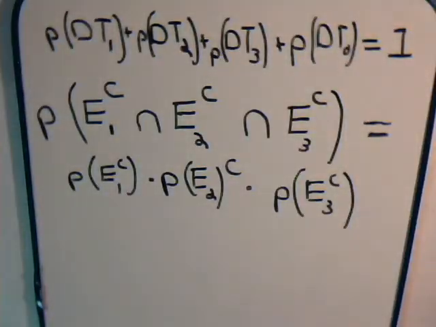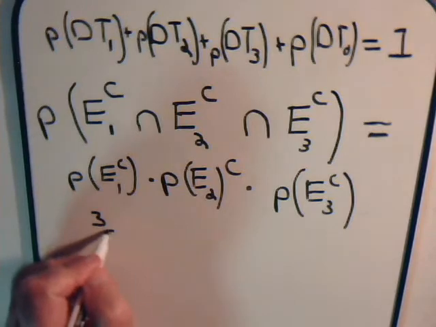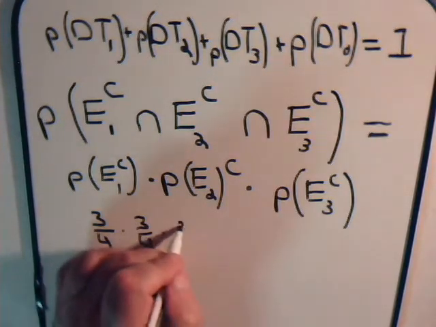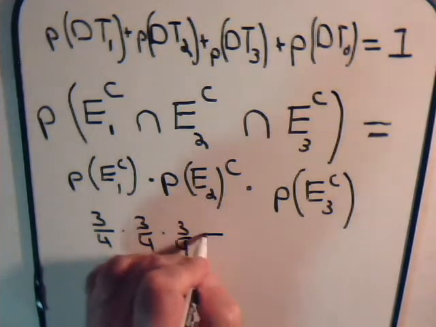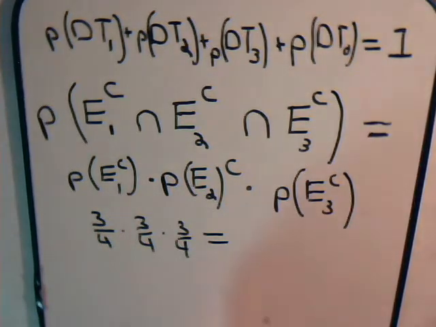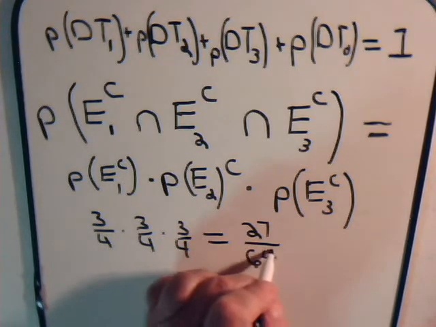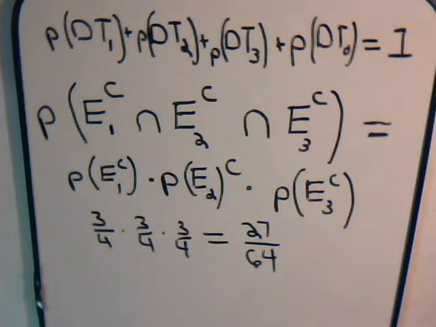So this is just equal to 3/4 times 3/4 times 3/4 equals 27 divided by 64. So that would be the probability of all 3 inspectors finding 0 defective transistors.